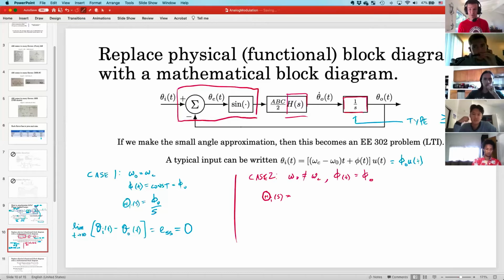I knew 302 was too easy. Need to find. So maybe someone can describe the input in the time domain.